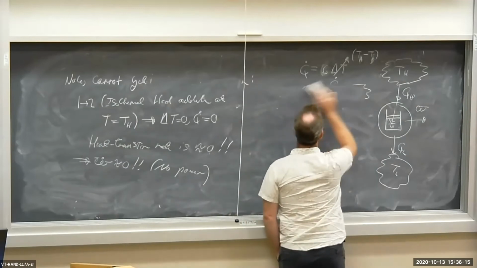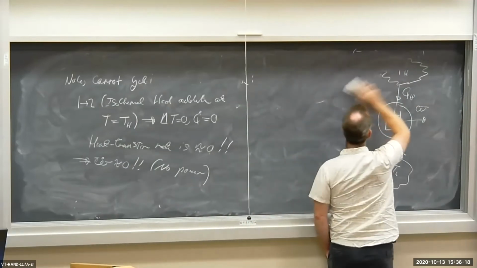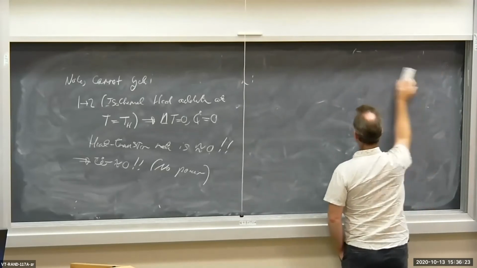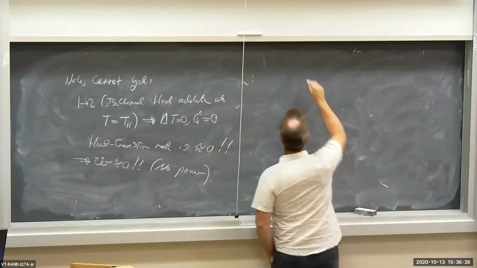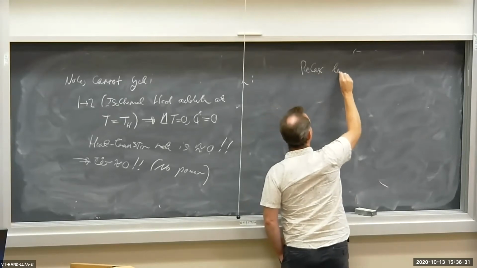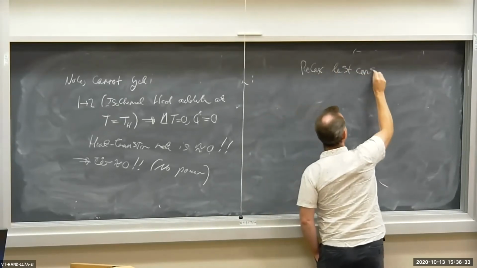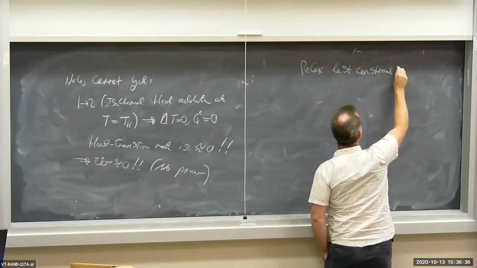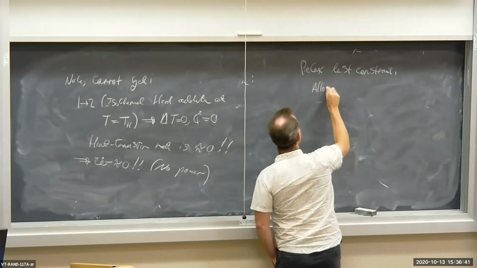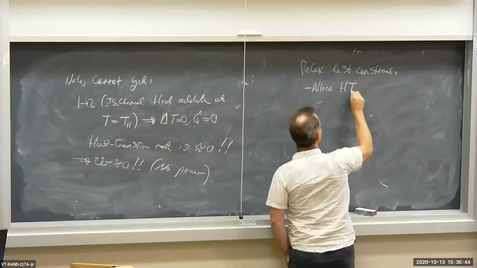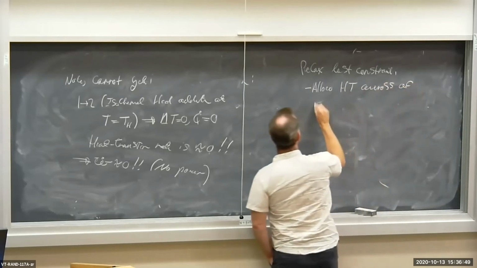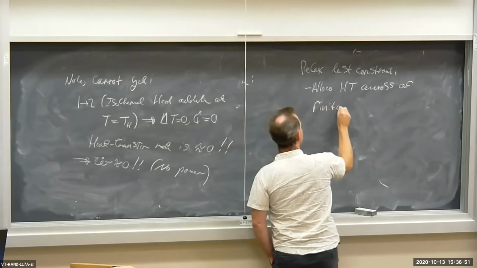It's going to be irreversible, but let's relax the last constraint. In other words, we allow heat transfer across a finite delta T.